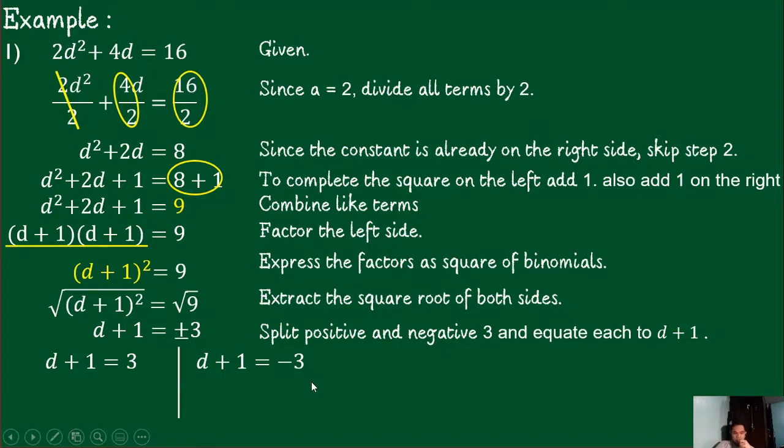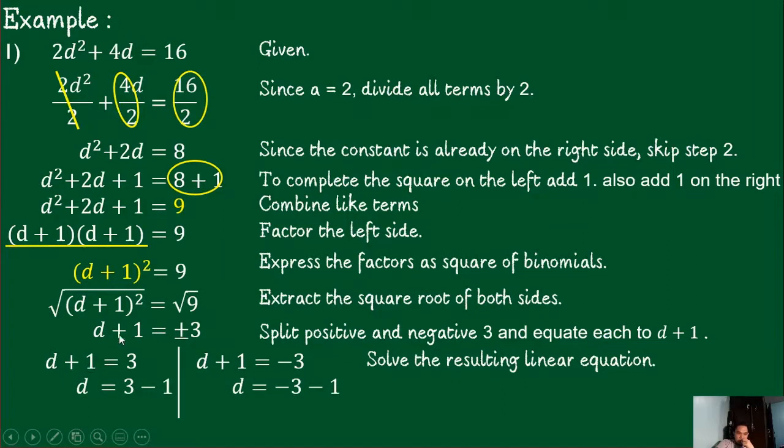Then ang gagawin natin dito is solve. We are going to solve the resulting linear equation. To solve this, we're going to transfer positive 1 to the right side of the equation. So d equals 3 minus 1, and d equals negative 3 minus 1. So d equals 3 minus 1, and 3 minus 1 is 2.